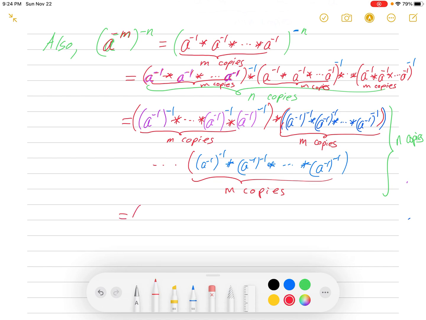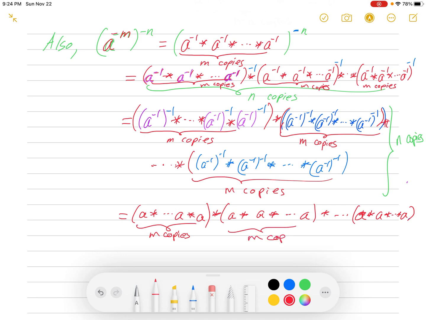Remember that A inverse inverse just gives you A. So you're going to have a bunch of A star, A star, dot, dot, dot, A, m copies, and a total of n copies of these m copies.